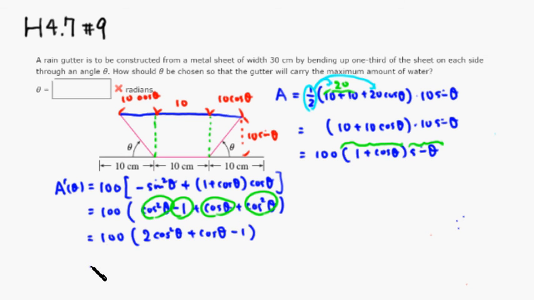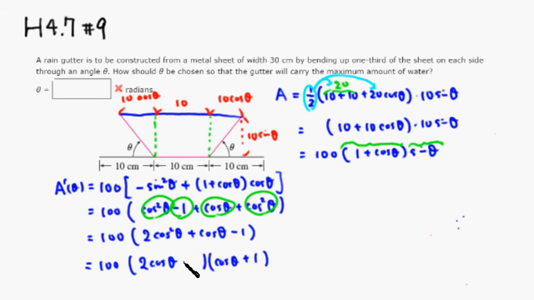Then we can factor this out as 2 cosine of theta minus 1, and a cosine of theta plus 1.